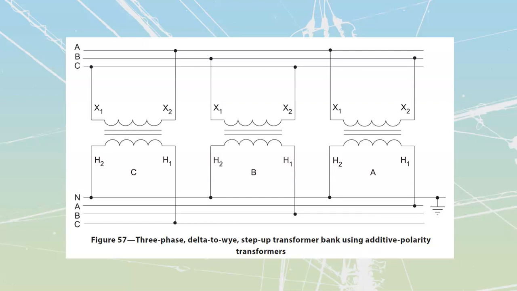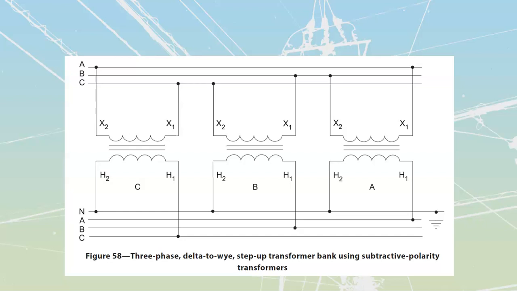This connection was done all with additive polarity transformers. Subtractive polarity transformers is perfectly doable as well. Same deal on the high voltage side. All the 2s are going to the neutral, and then remember that we're on the opposite end right now.